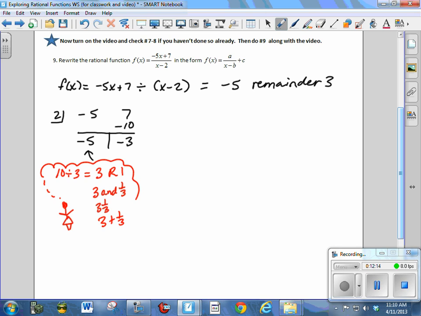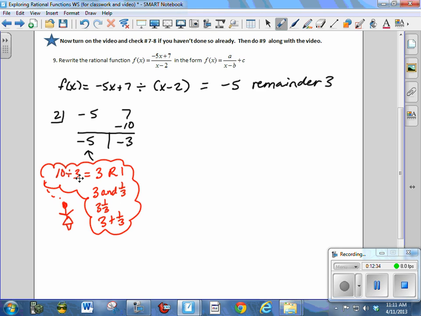So here's my little thinking block over here. What I'm doing when I have a remainder is, notice here's the whole number answer I get, and then 1 divided by what goes in the denominator is what I divided by. So 1/3.